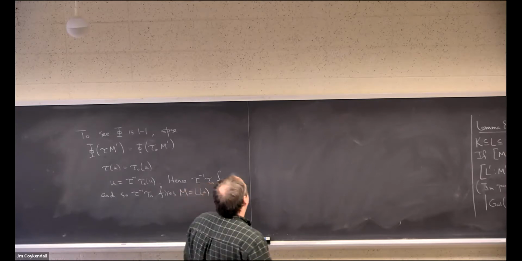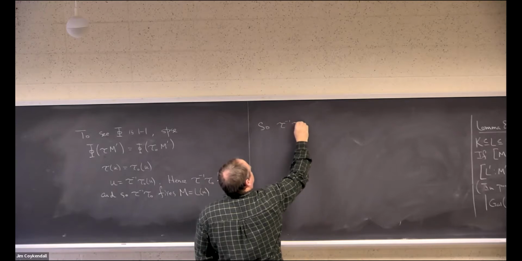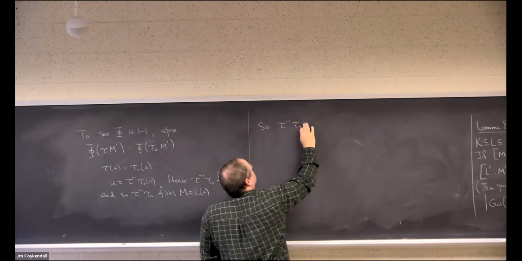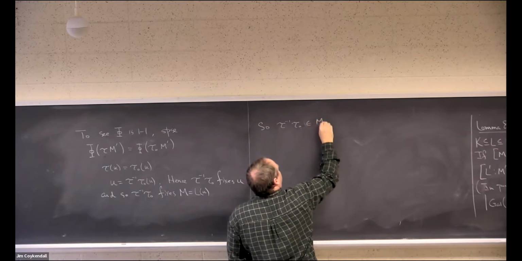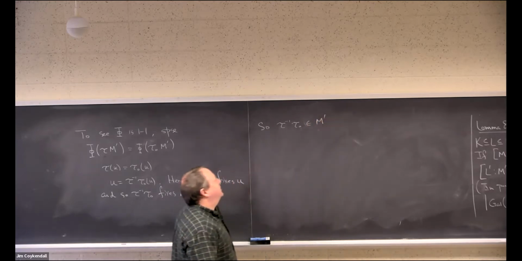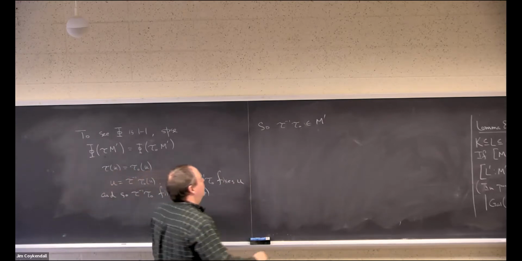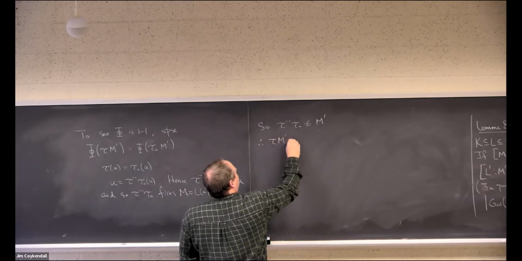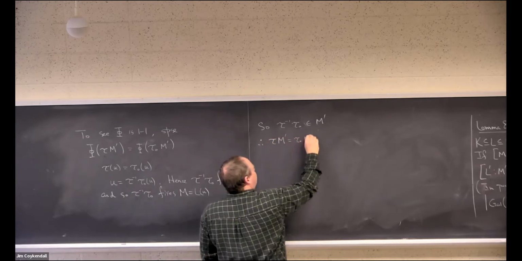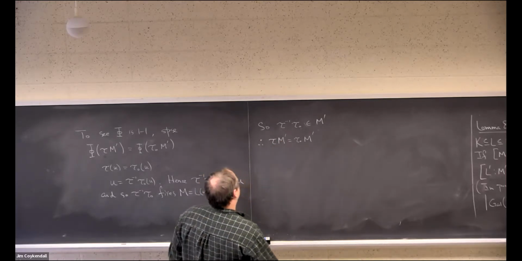And so that means that tau inverse tau naught is in M prime because it fixes everything in M. Therefore, tau M prime equals tau naught M prime. Because of this, they must represent the same coset.